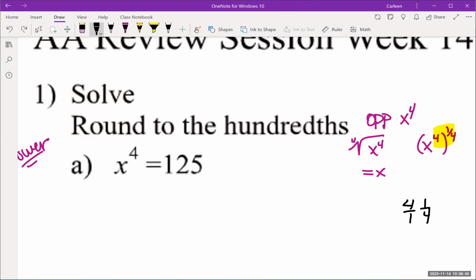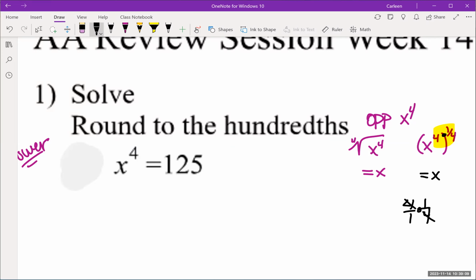If you're trying to read my mind, the word I'm looking for is multiply them, right? So we multiply these together and they cancel. Whenever you have base with 2 exponents, you multiply. So those cancel and you would be left with x. So 4th root is the same as 1/4 power. They are both opposite of x to the 4th.